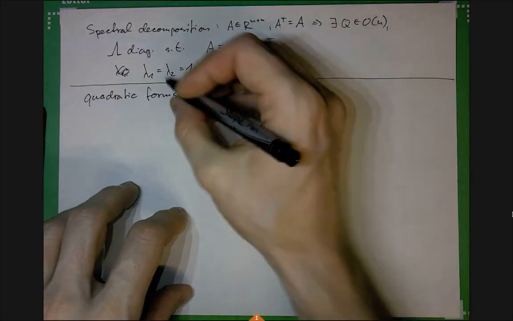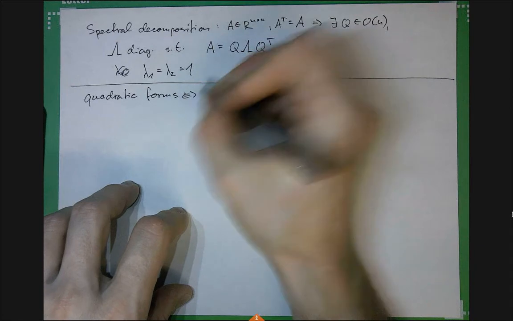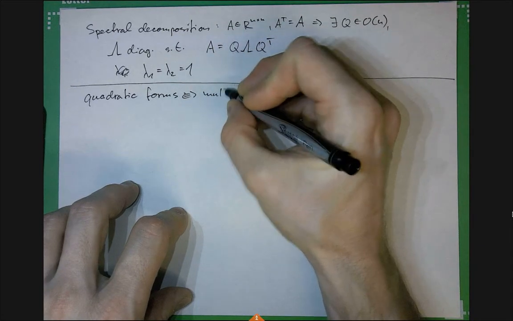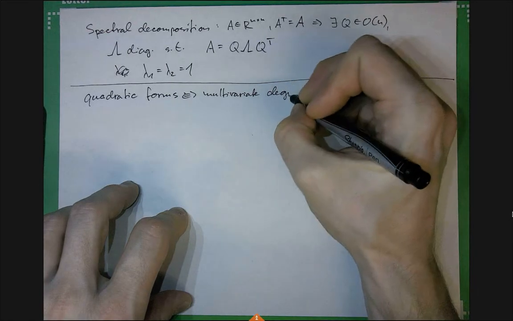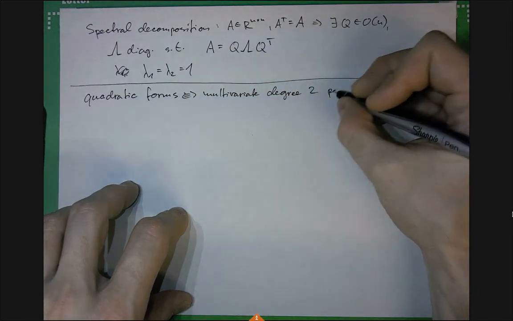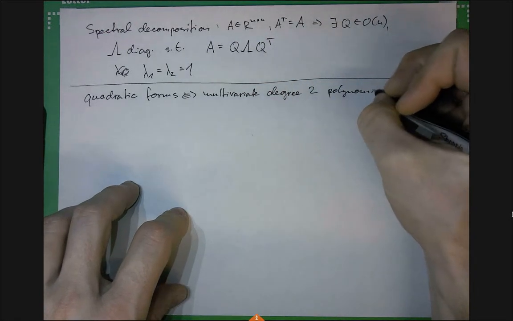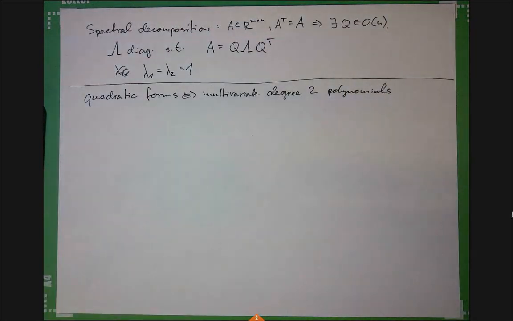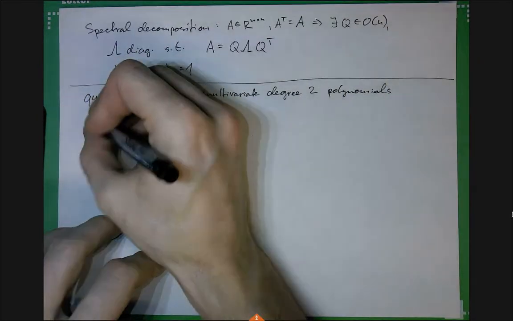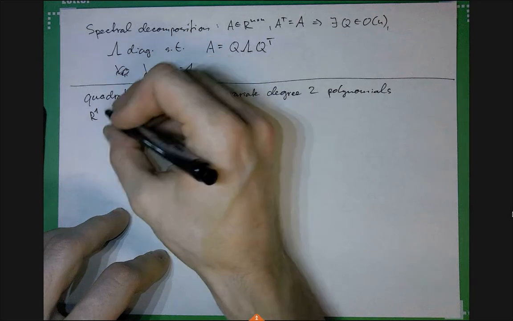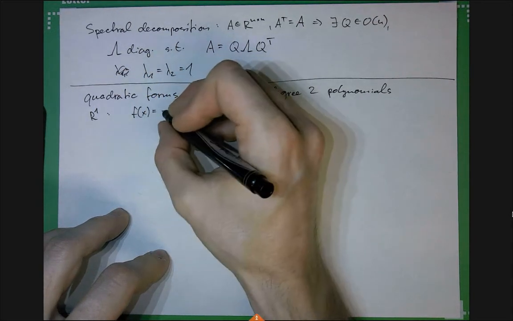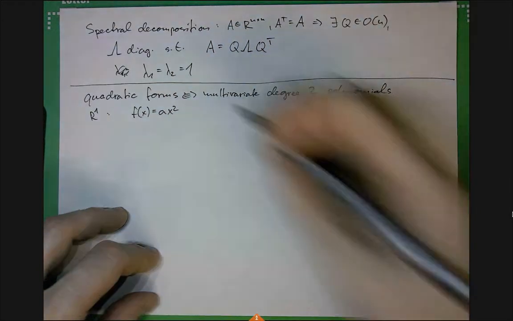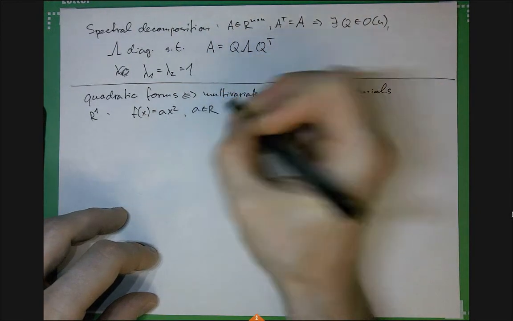They are just multivariate degree 2 polynomials. So it sounds scarier than it is. What it means in R1 is just a quadratic function, like ax squared, where a is some real coefficient.